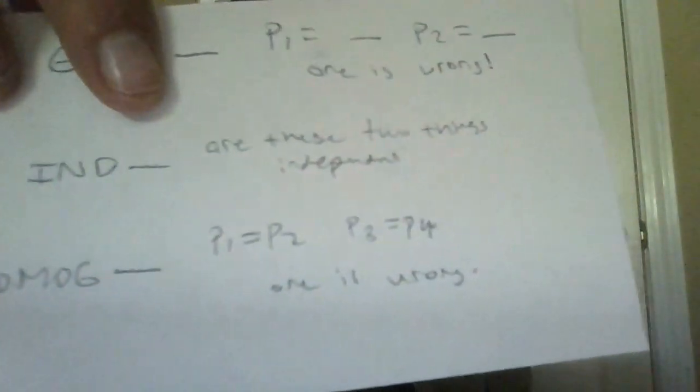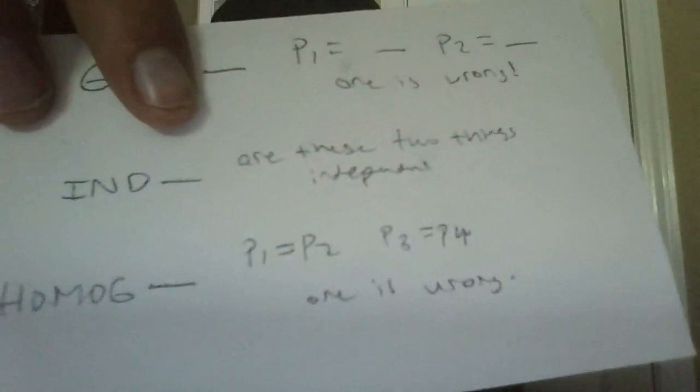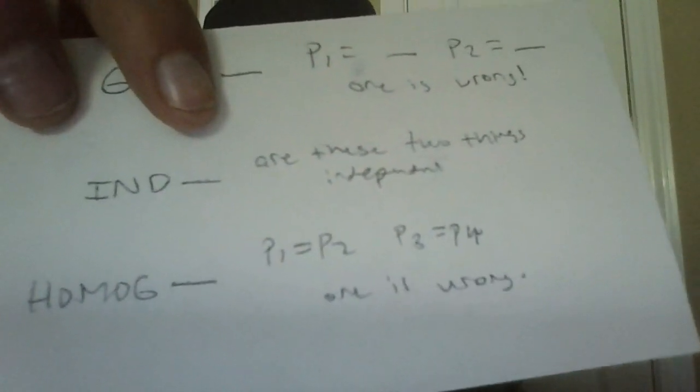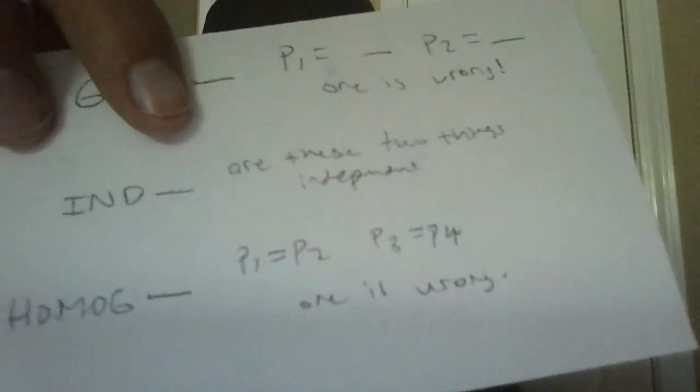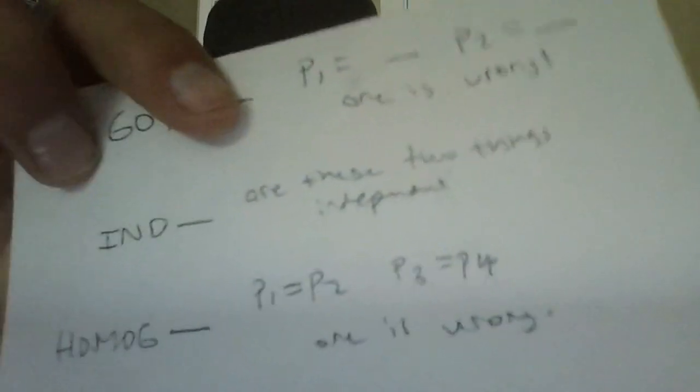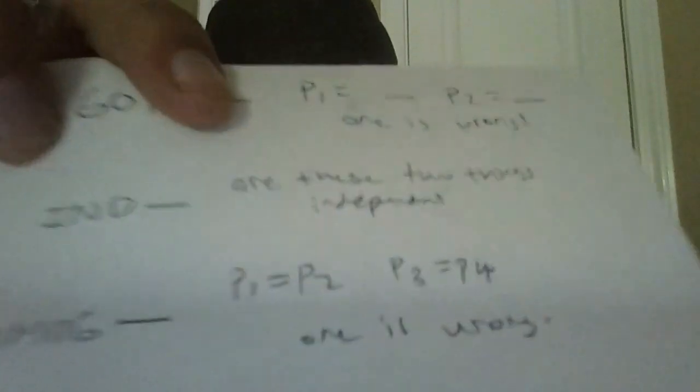And then homogeneity is the rarest kind that you would have to do, but it's like saying 2 proportions are equal and you're trying to see if one was wrong. Once again, that seems similar to goodness of fit, but it's going to be 2 different proportions are equal to each other, and it's from a 2-way table. Goodness of fit is not a table, only independence and homogeneity.